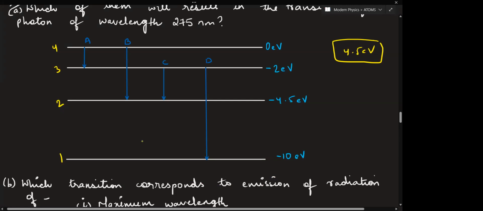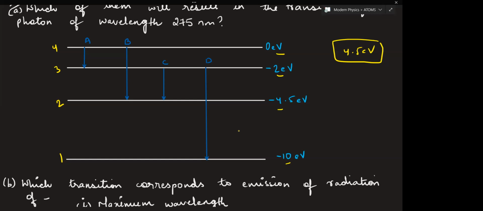So if energy is higher, then wavelength will be minimum. Look at all these 4, A, B, C, D. We have all the energy values written. So which is the maximum energy? Look at the magnitude of all these energies.